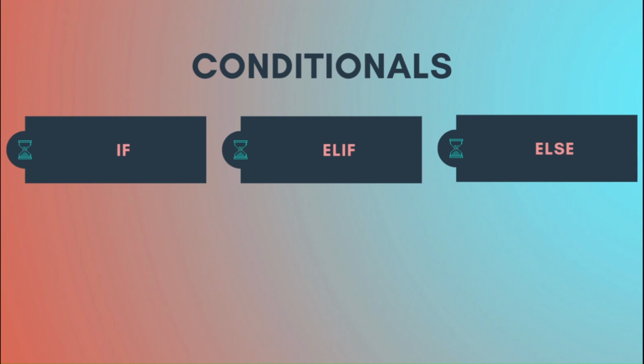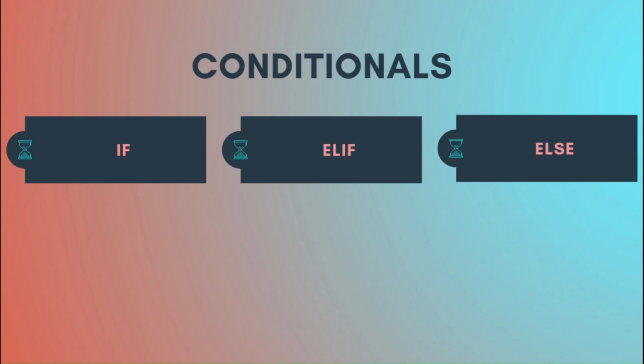If any of the elif conditions are true, the corresponding code block is executed and the rest of the elif and else blocks are skipped. Last but not least, the else statement. The else statement is the final part of the if, elif, and else structure. It is executed when all the preceding conditions, if and elif, are false.